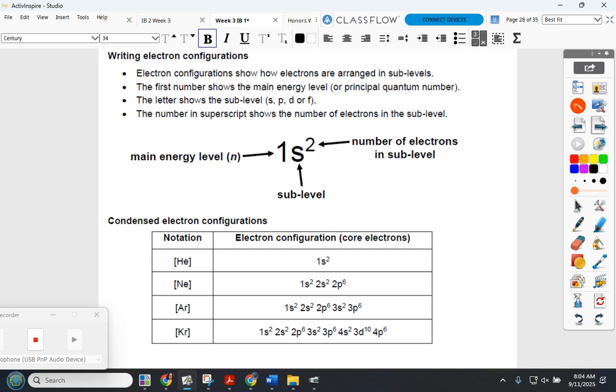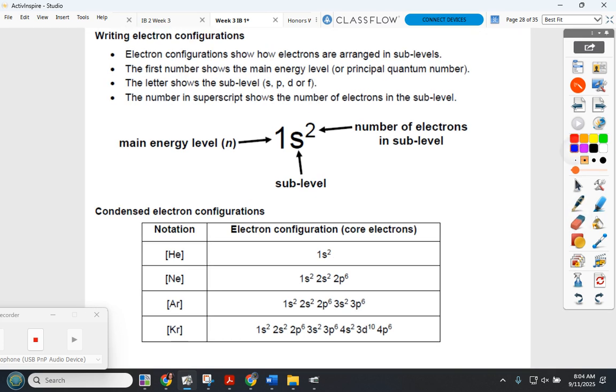It's also known as, or sometimes called the noble gas configuration. If you are asked a question about this on a test question, it will use the term condensed. So know the term condensed, but recognize that it's talking about the noble gases.